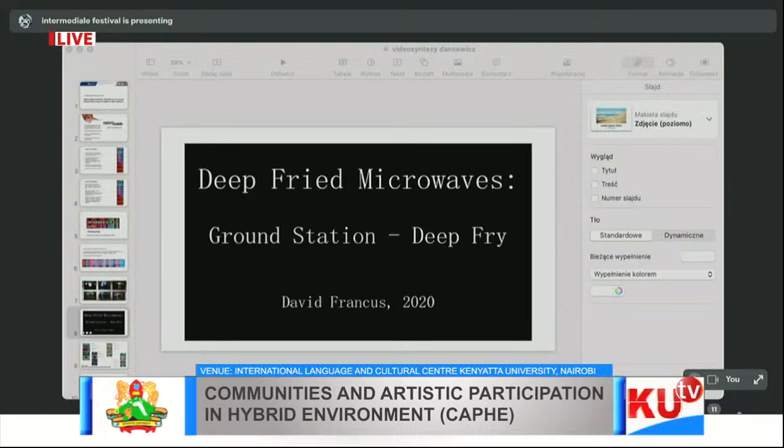So deep fried means heavily over-processed. And microwave, of course, is known with a culinary meaning. It's a microwave oven, but in engineering it means an electromagnetic radiation with wavelengths between 30 centimeters and 3 millimeters. It will appear in the film and you will understand what I'm talking about.